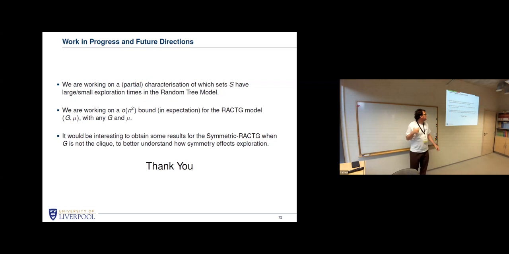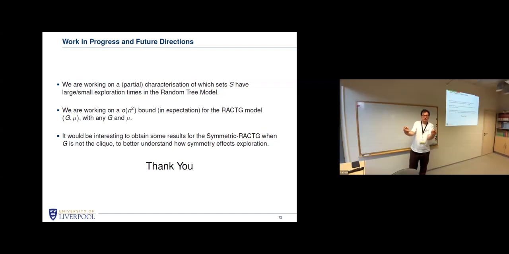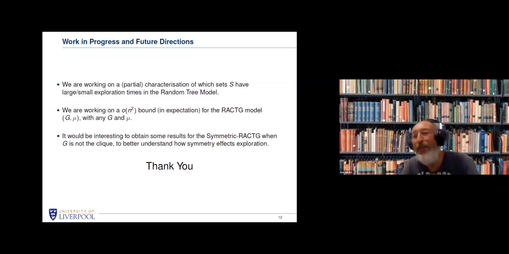Well, yeah, that should be symmetric, right? Because you're giving the same probability to every single subtree. Yes. And so if you look at two subtrees that are isomorphic, then by default they get the same probability. So this is a special case of the symmetric model. Okay.